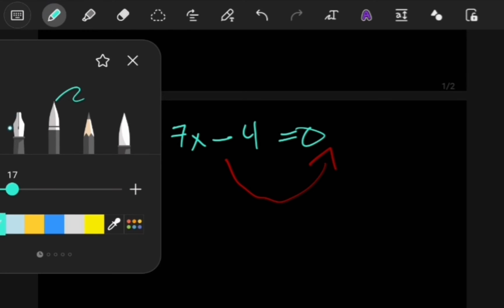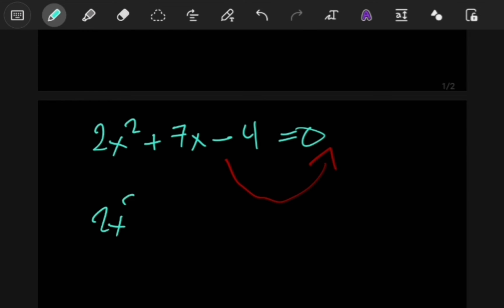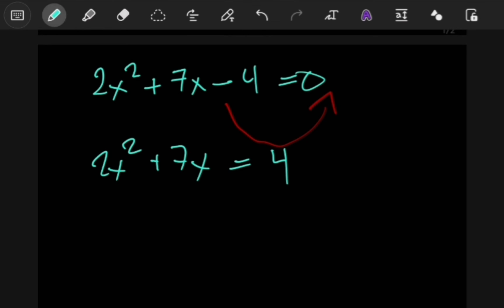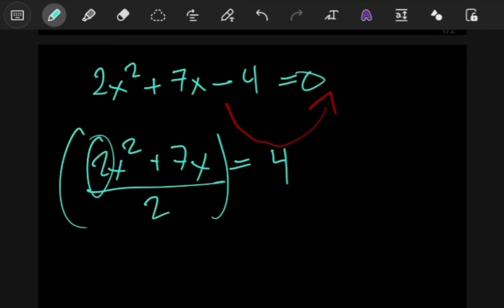So we have 2x squared plus 7x equals 4. And then we can factor out the 2. So the only thing we do is to divide this side by 2 and just put 2 here, so that we can complete the square within this parenthesis. So we have x squared plus 7 over 2 x.